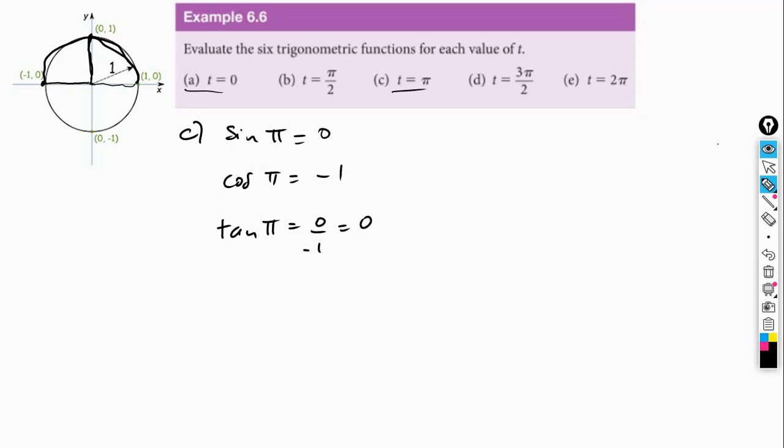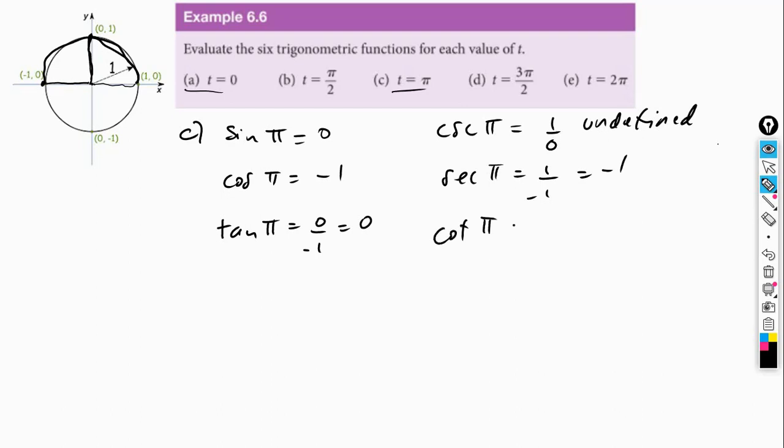For the reciprocals, cosecant of pi is equal to 1 over 0, therefore undefined. Secant of pi is going to be 1 over -1, so -1. And cotangent of pi is going to be 1 over 0, which is undefined.